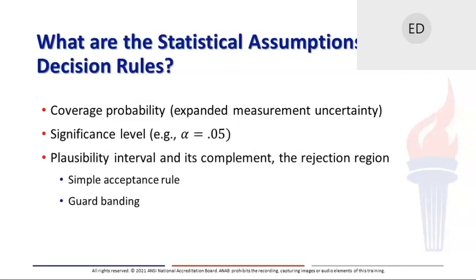So let me give you the definition of a decision rule. A decision rule is a rule that describes how measurement uncertainty is accounted for when stating conformity with a specified requirement.